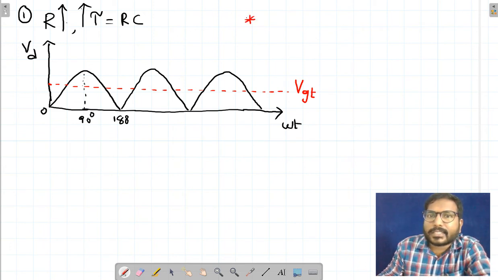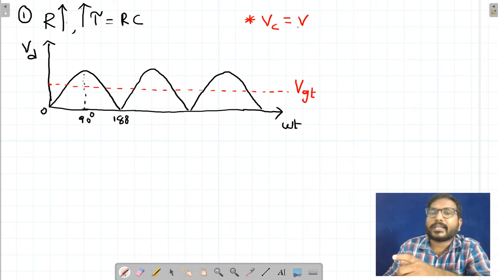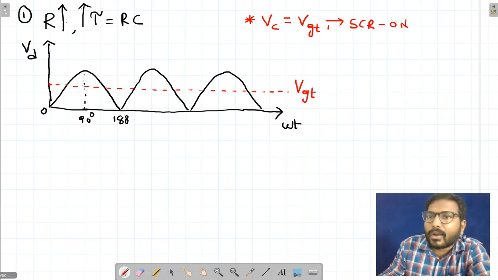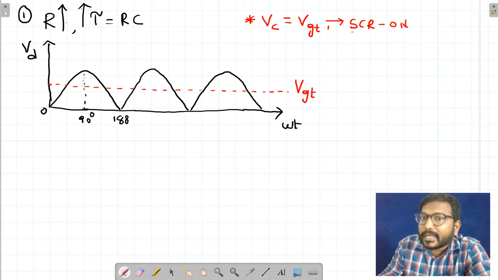Already we discussed: at the instant Vc is equal to VGT, the SCR is on. Before that, the SCR is simply off.